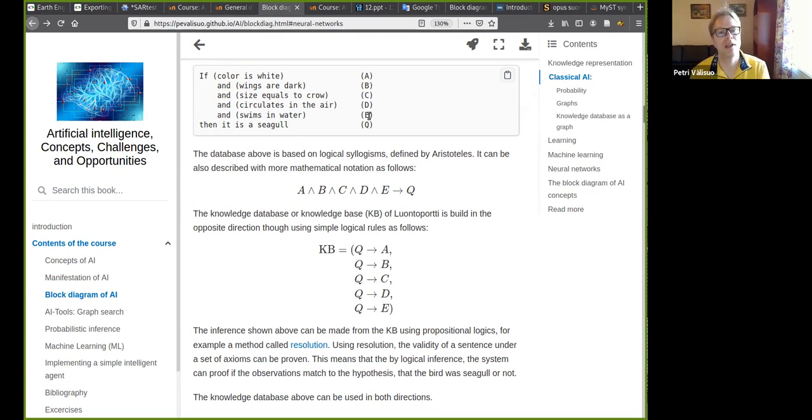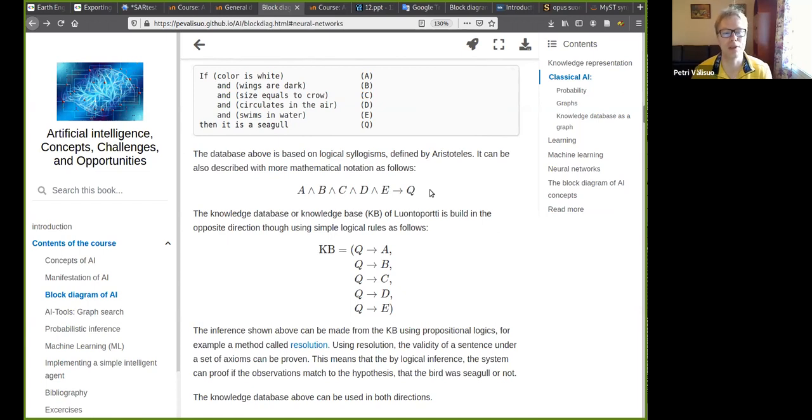But the number of birds is so large that it's a huge amount of work to encode all this information into this system. And therefore, it seems that this has to be very narrow AI, so it can only recognize a certain number of birds which are encoded in this system.